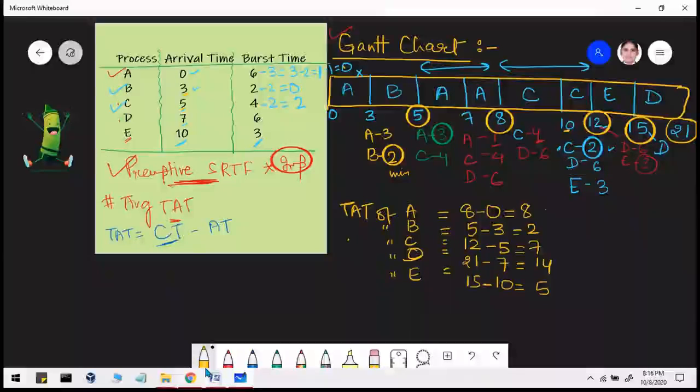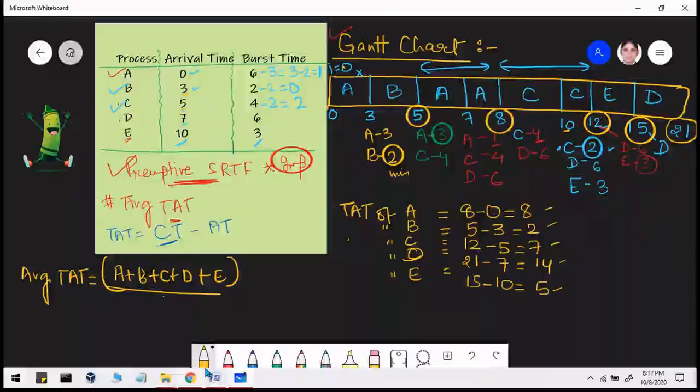As you can see from here, these are the individual turnaround times of all these processes. Now let's find out the average turnaround time. It will be the turnaround times of A plus B plus C plus D plus E, upon the number of processes, which is 5. Average means you have to divide by the number of observations.